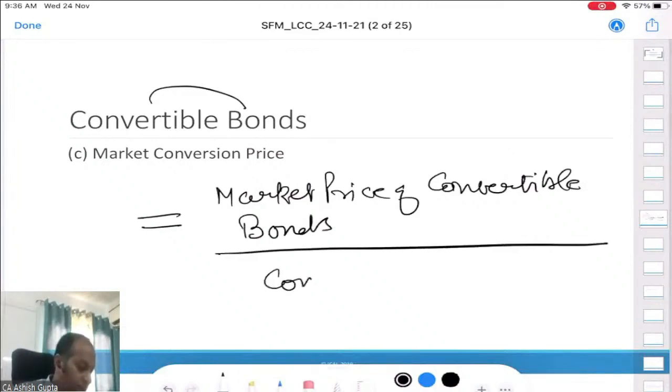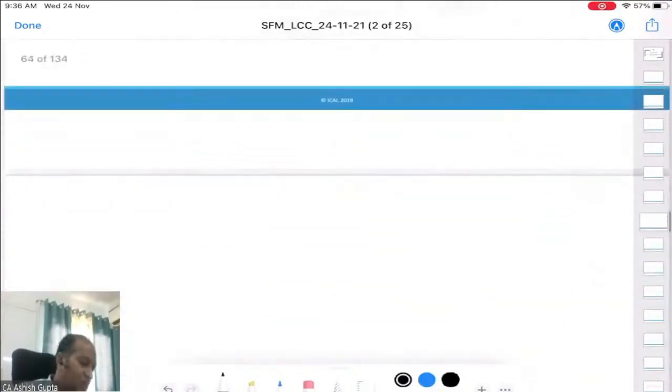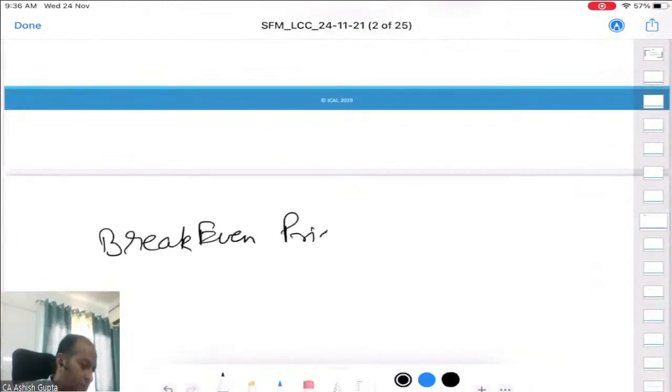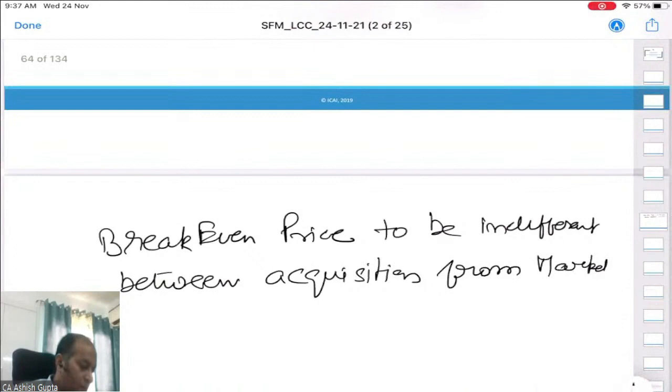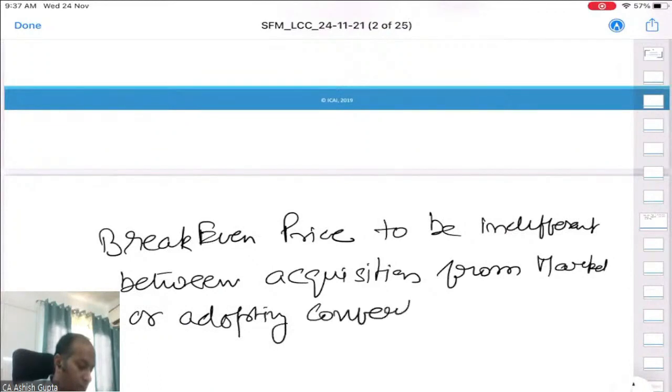divided by the conversion ratio. This can also be viewed as a break-even price, to be indifferent between acquiring shares from the market or adopting the convertible bond route.